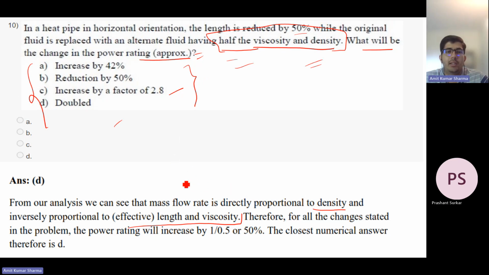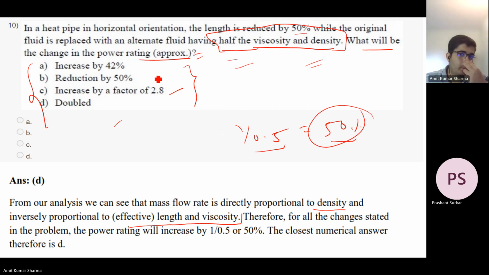Therefore, with all the changes stated in the problem, the power rating will increase. The length is reduced to 50%, and the viscosity and density are also reduced to 50%.